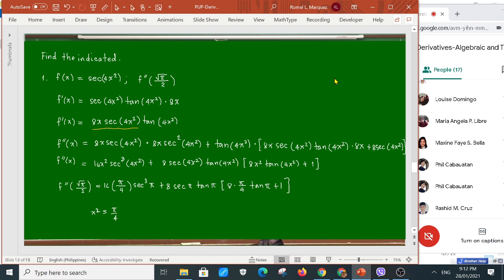Negative 1. Anong secant? Negative 1 din. Guys, anong secant ng 180 degrees? That is 1 over cosine of 180 degrees. E ano bang cosine ng 180? Negative 1. Therefore, negative 1 ang value. Am I correct, Rashid?